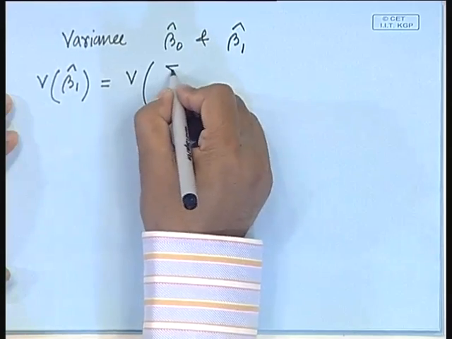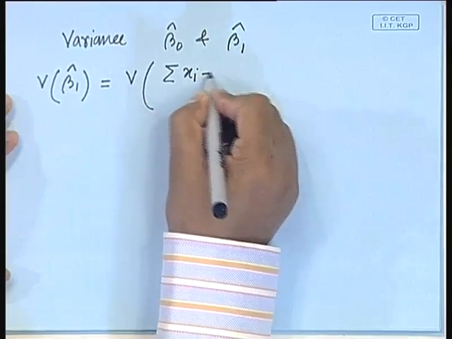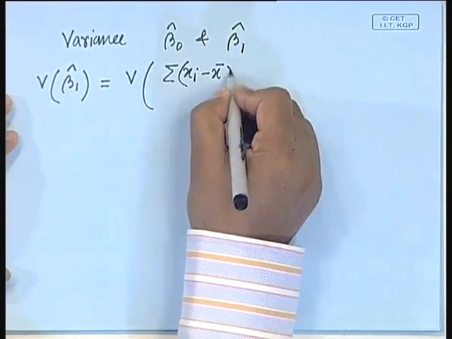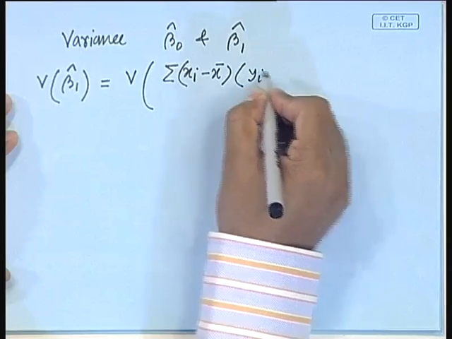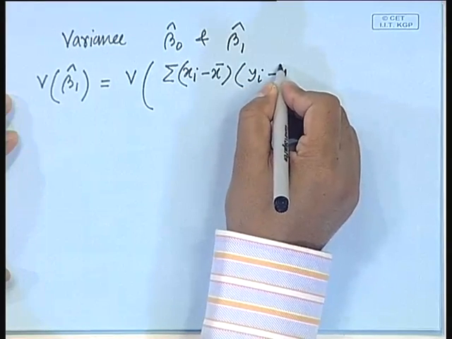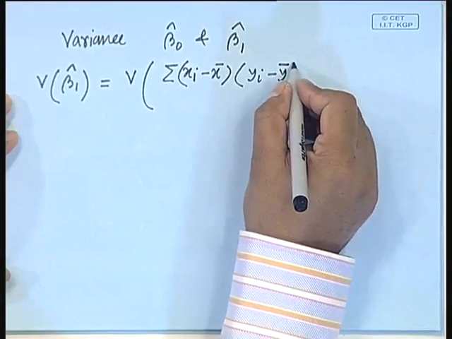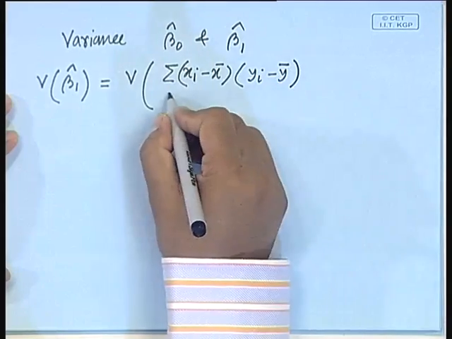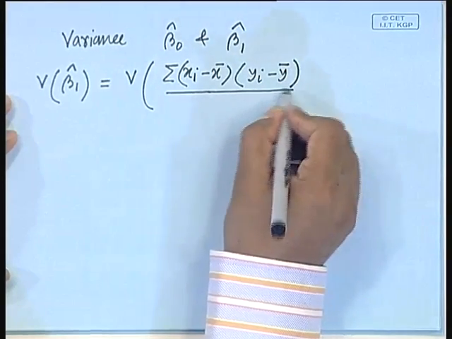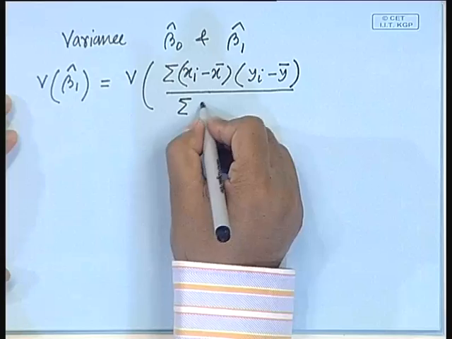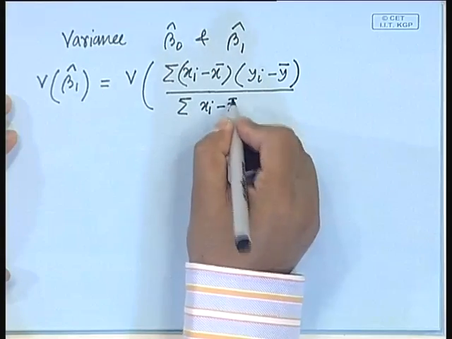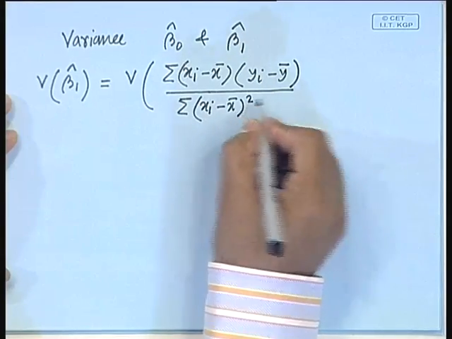Beta 1 hat is equal to summation xi minus x bar into yi minus y bar by summation xi minus x bar whole square.